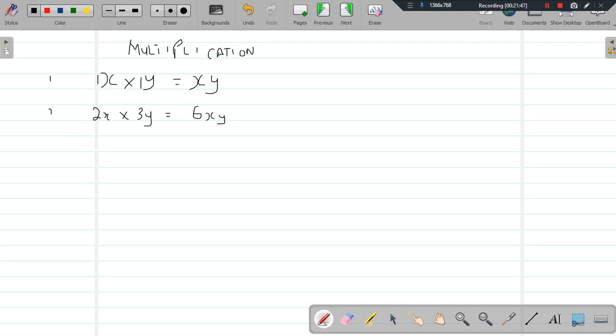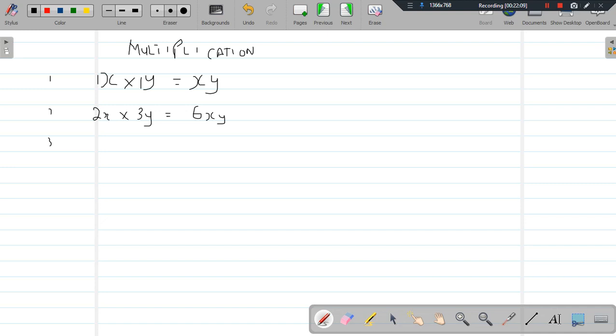Now the type 3 or the type 1c that I want you to understand is when the variables are the same and they are multiplying, irrespective of the coefficient being the same or different, please, the same thing is what we are doing.